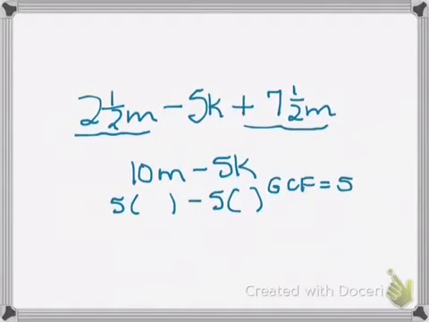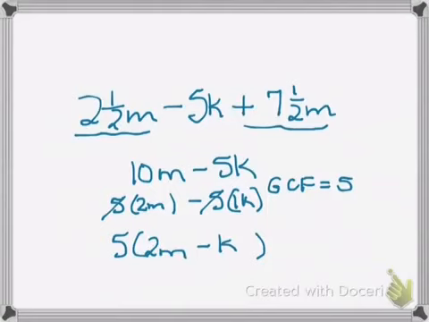And don't forget to put the variable with it. 5 times what is 5k? 5 times 1k. Now the 1 is optional. Even if you don't write it, it's understood that it's still there. So I'm going to factor the 5 out front, and I'm left with 2m minus 1k, and that's what goes in the parentheses. The factors are 5 and 2m minus k. That's the final answer.